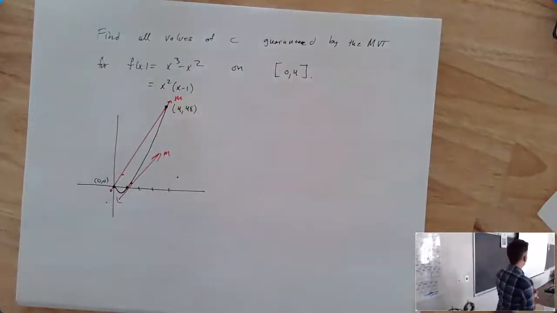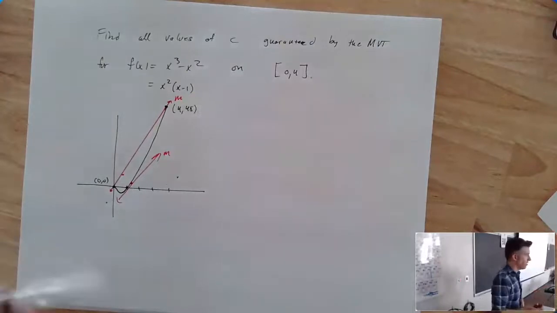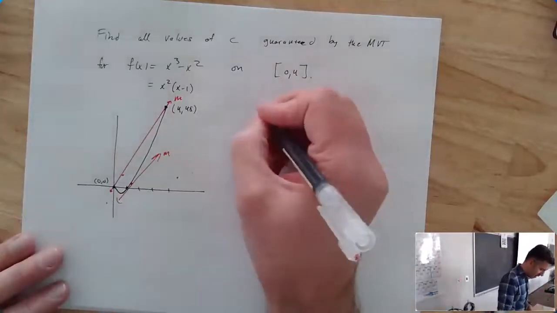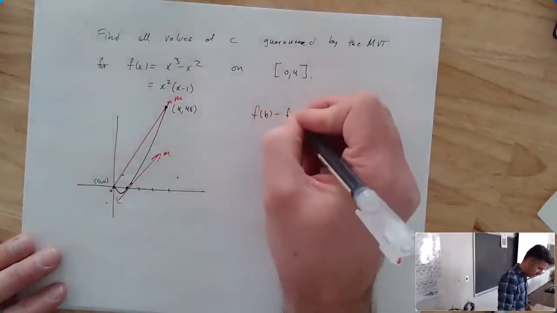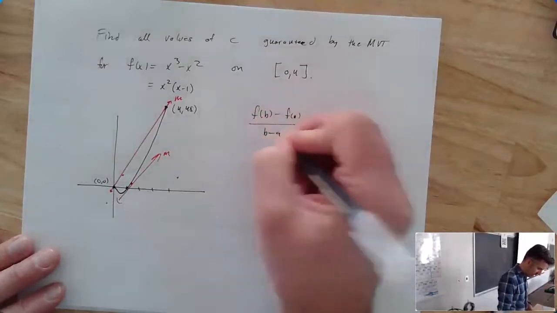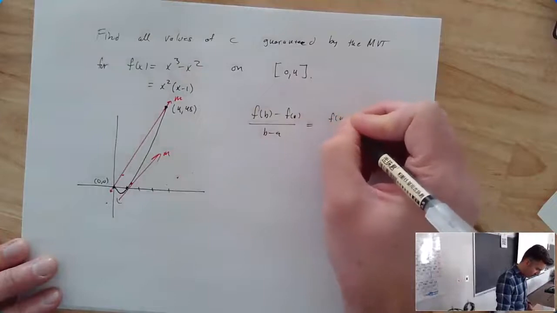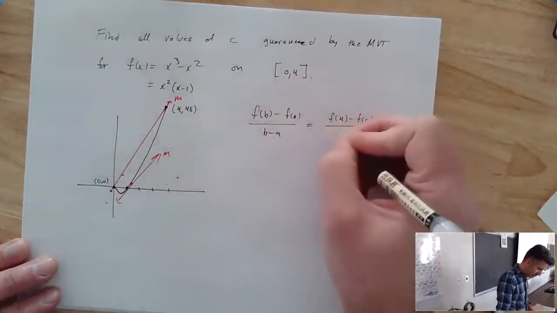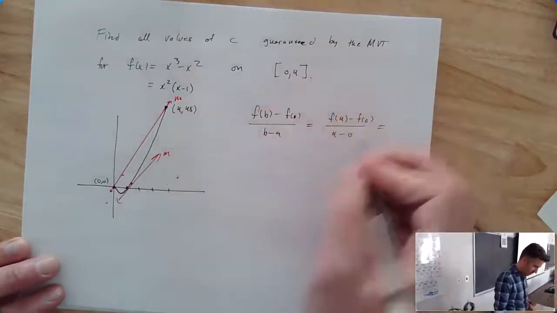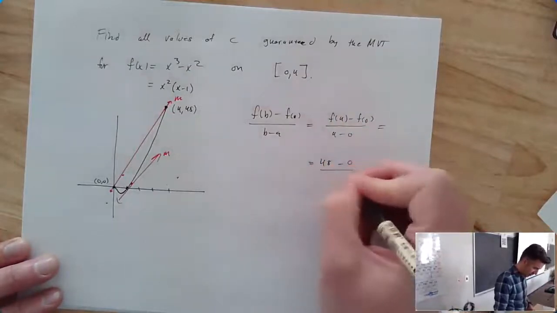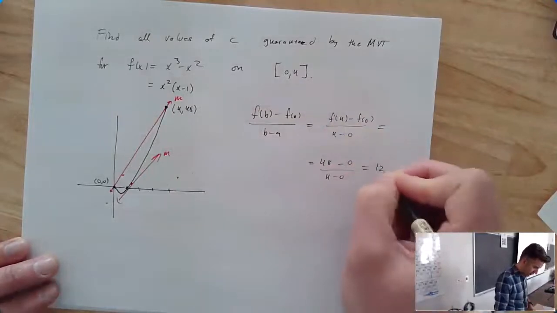So while the theory here is moderately interesting, the calculation part is not that interesting. You're just going to find the derivative and set it equal to the slope of the line connecting those 2 points. So (f(b) minus f(a)) over (b minus a) is equal to, let's see, f(4) minus f(0) over 4 minus 0, which we already found, it's 48 minus 0 over 4 minus 0, which is 12.